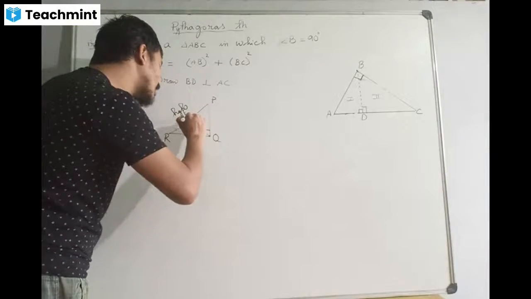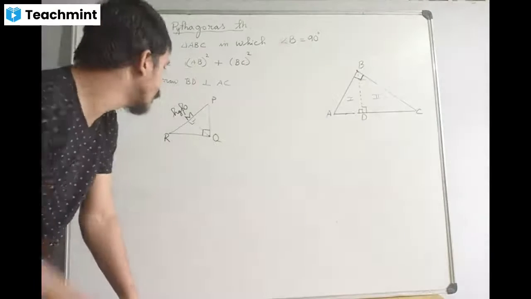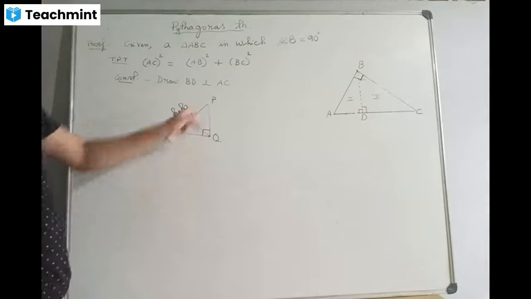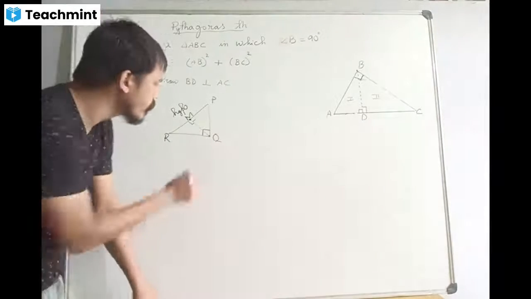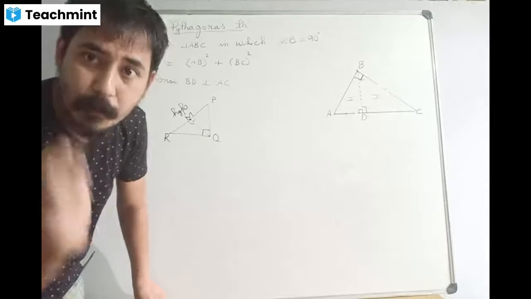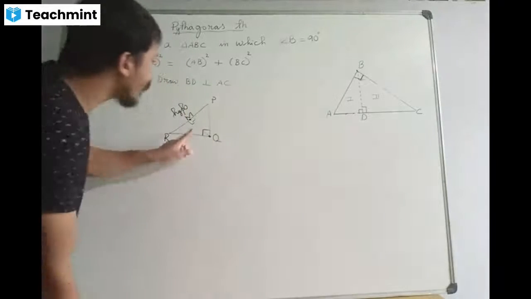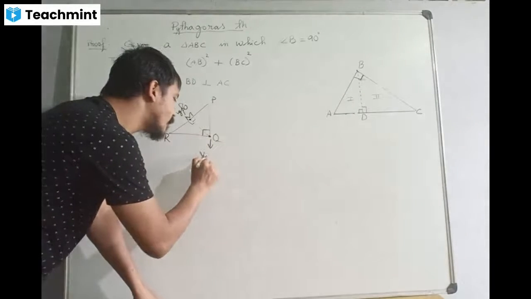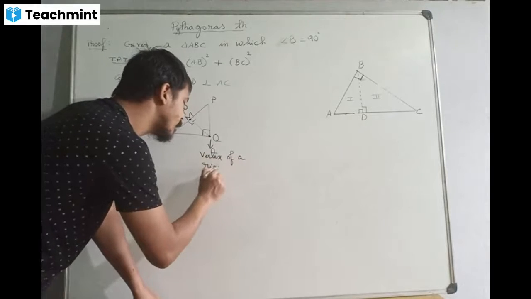Let me name it M. You draw QM perpendicular to PR. Now listen to me very carefully. I have drawn one perpendicular from Q. This Q is the vertex of the right angle, right?